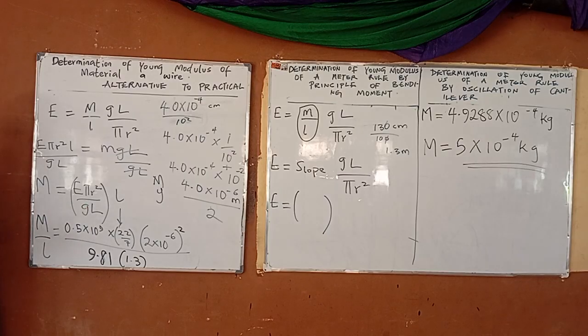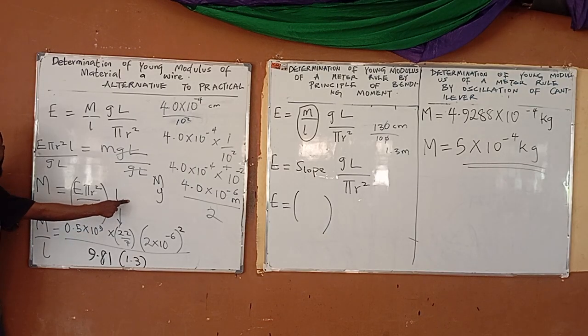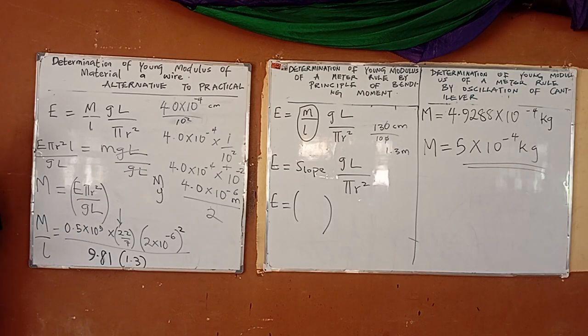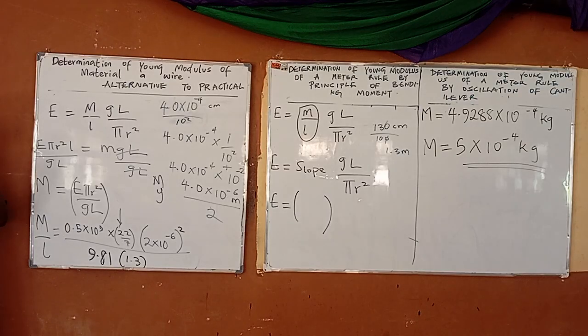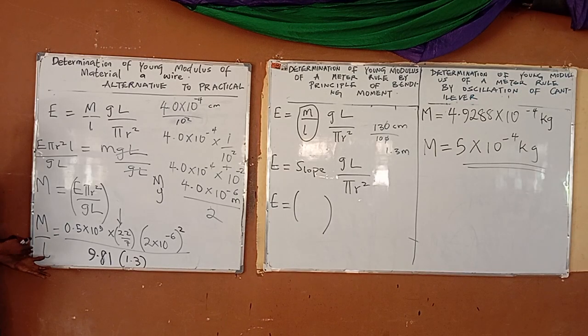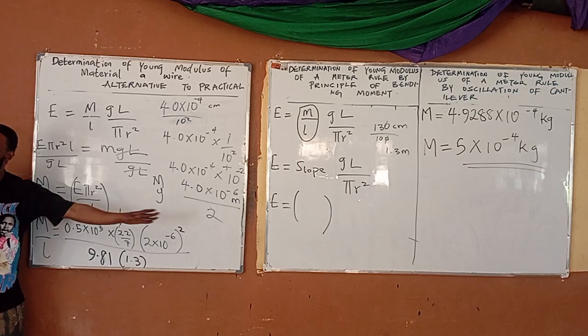If I have this l here now, and I divide both sides by this l, it's m over l equals this your slope, which means the slope you will have from your graph notebook should be equal to what we've done here. That's the normal thing we do: the slope from the graph, whatever we get as our slope, should be equal or close to what we have on the right hand side.